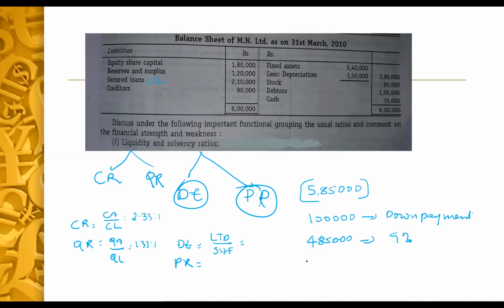If I am investing 10,000 rupees per month, 10,000 into 12 into 7, sir, 8,40,000. And you have to take CAGR; that is another concept.